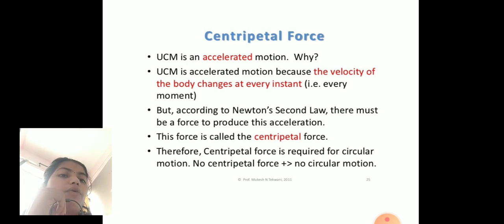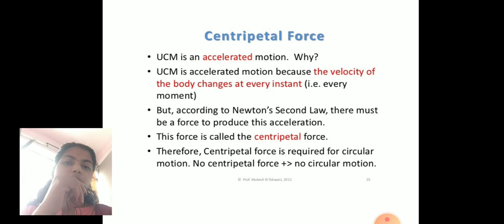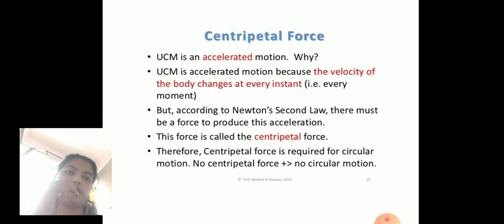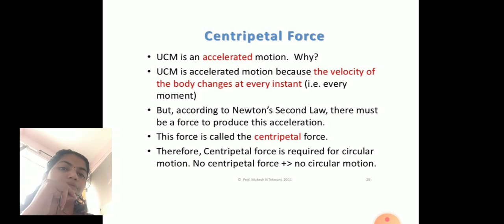Therefore, centripetal force is required for circular motion. No centripetal force means no circular motion. It means that if there is no centripetal force, there is no motion.